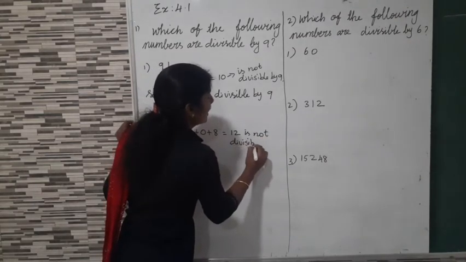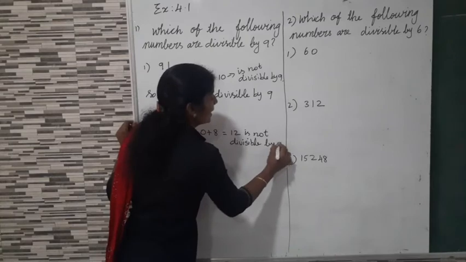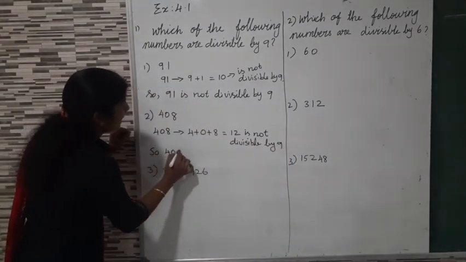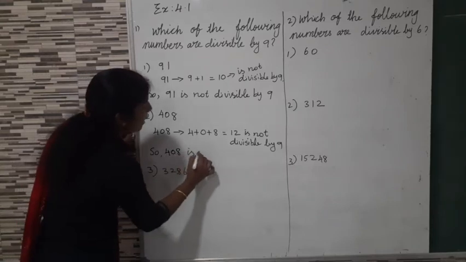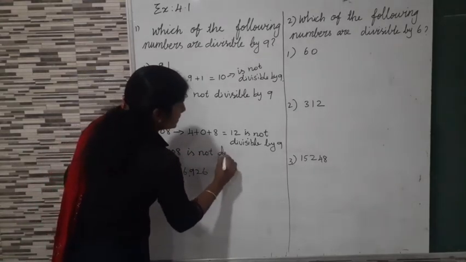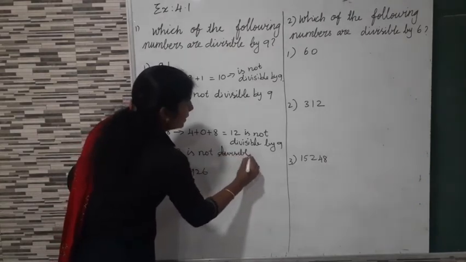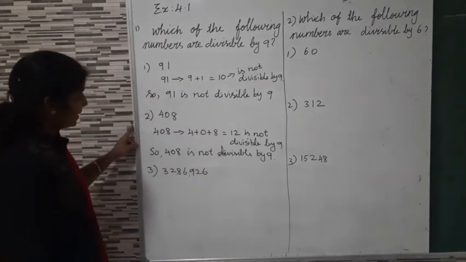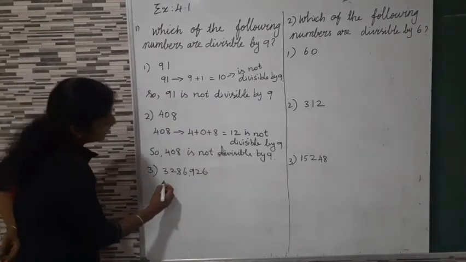Therefore, 408 is not divisible by 9. Okay. Then last question.